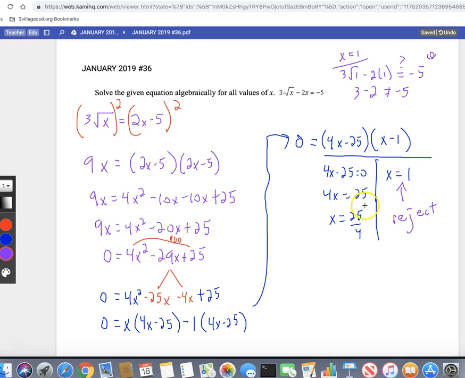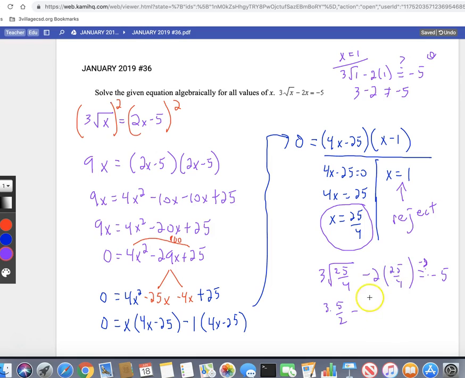If we do the same thing for x equals 25 over 4, if we plug that into our equation, I think you'll find that the equation will check out, but I'll just quickly do that here. When we plug in 25 over 4 for x, does this equation hold? 3 times the square root of 25 over 4 would give us 3 times 5 over 2.